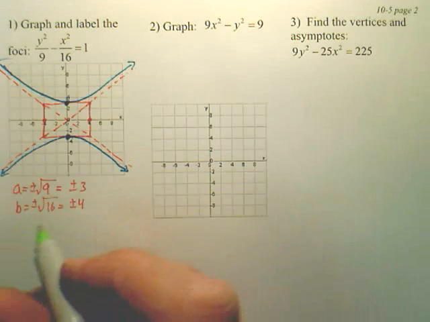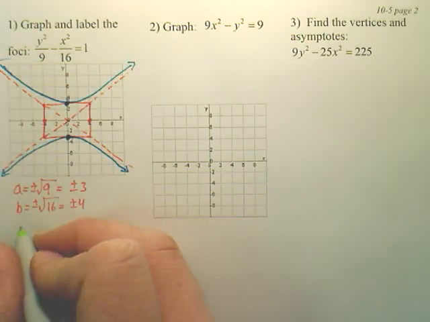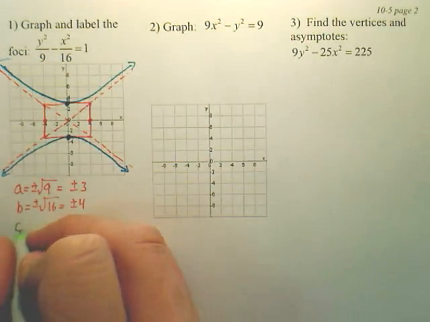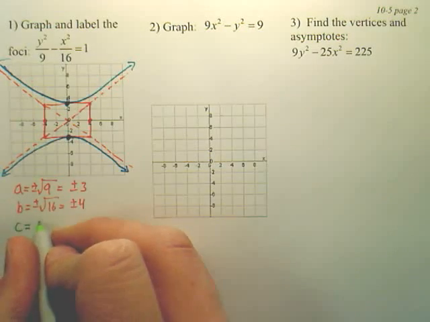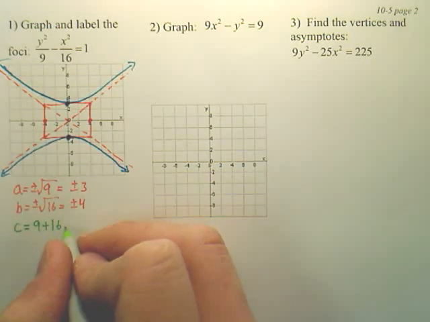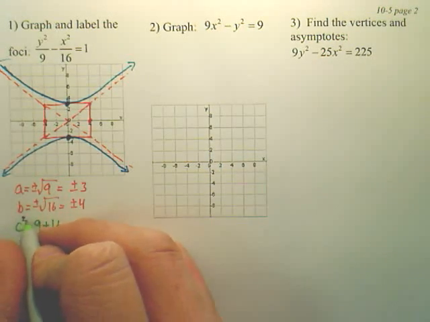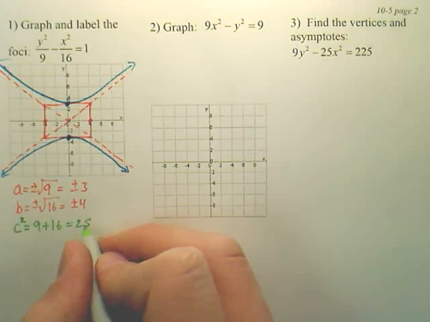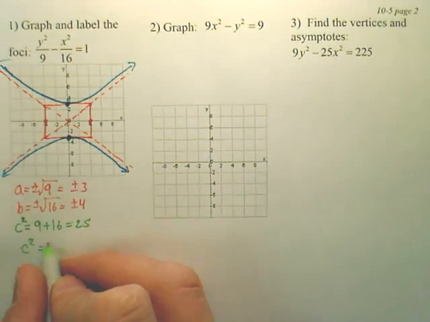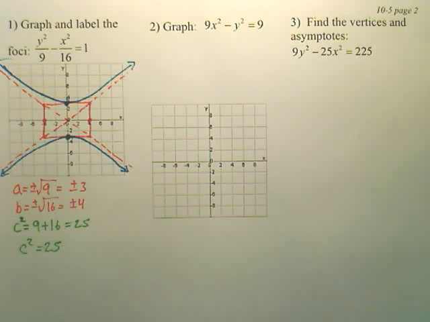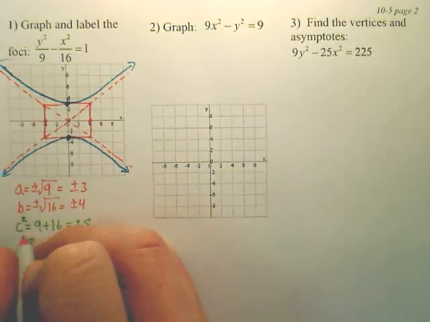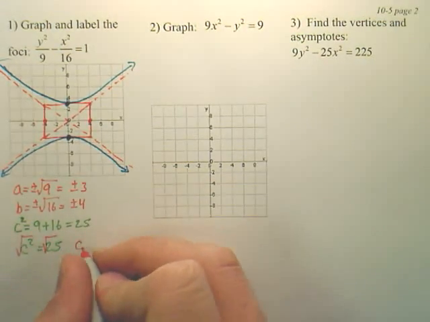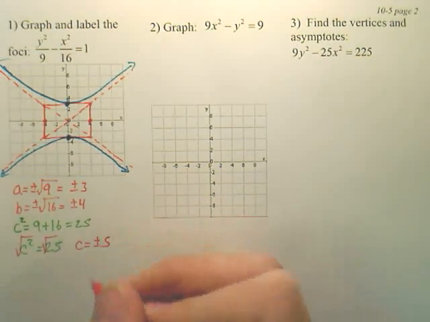All right, the last question is find the foci. The foci are found using the c value. So c squared equals a squared plus b squared. That looks like it's 25, so c squared equals 25. Now, how do you calculate c? Hopefully you can see that you square root both sides. So c is going to be plus or minus 5.